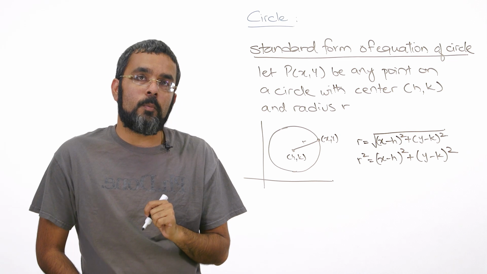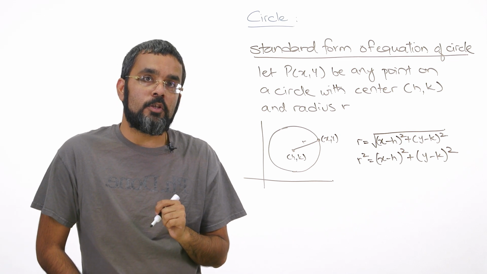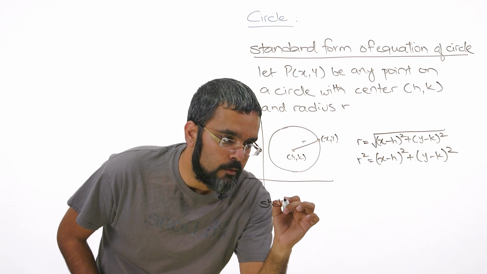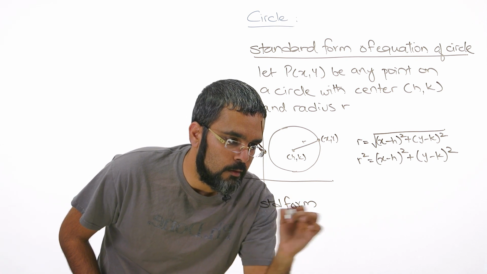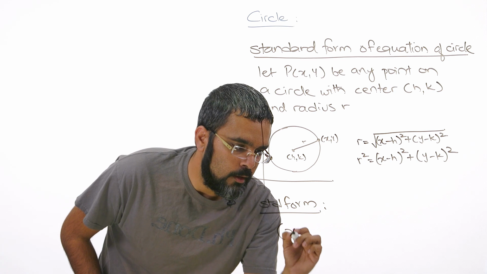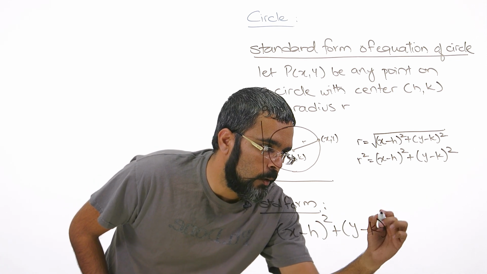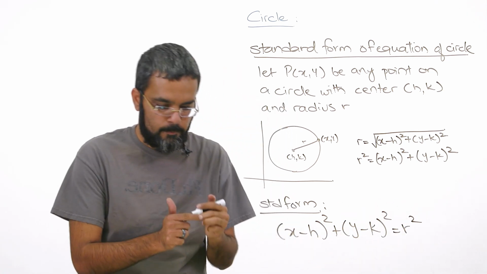And this is what we call the standard form of the equation of a circle. So my standard form is given by (x - h)^2 + (y - k)^2 = r^2.